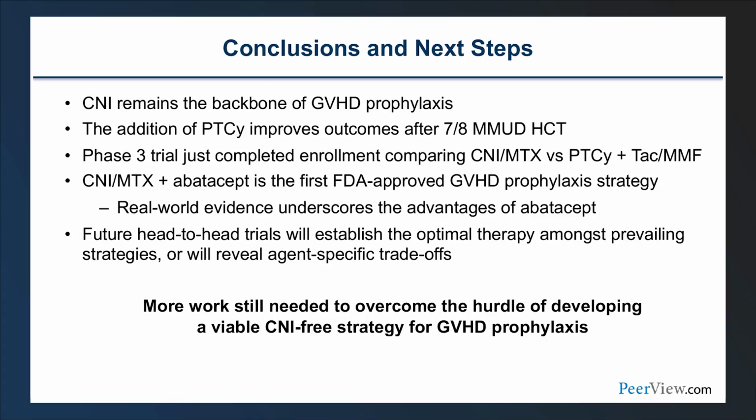CNI methotrexate plus abatacept is the first FDA-approved GVHD prophylaxis strategy, and real-world evidence underscores the advantages of abatacept. Future head-to-head trials will establish the optimal therapy amongst prevailing strategies, or will reveal agent-specific trade-offs. And to remind us all again that more work is still needed to overcome the hurdle of developing a viable CNI-free strategy for GVHD prophylaxis.